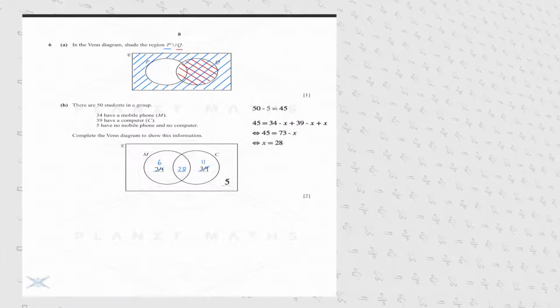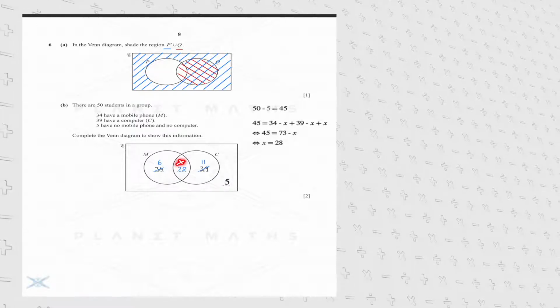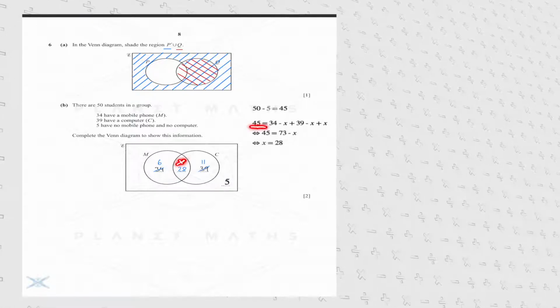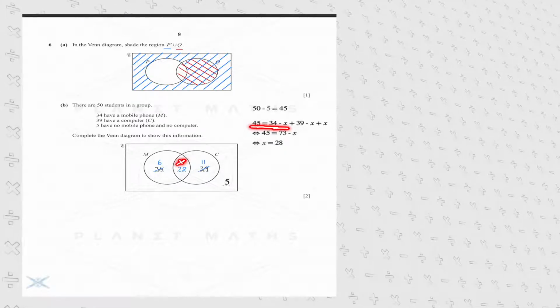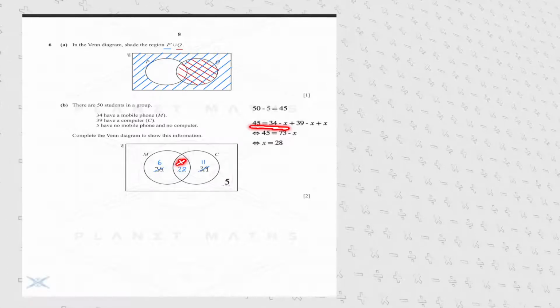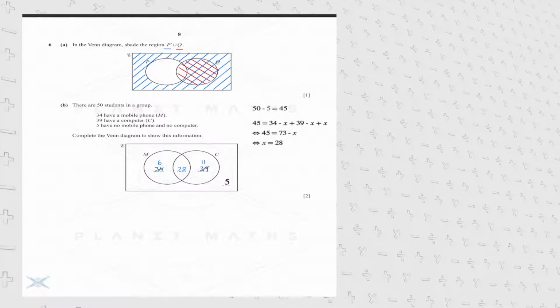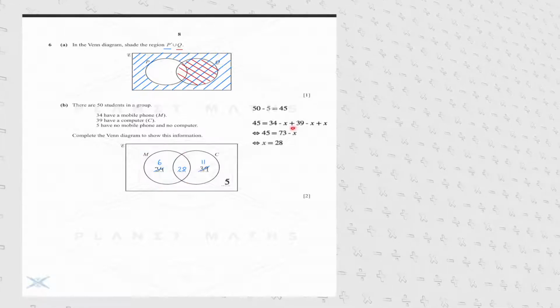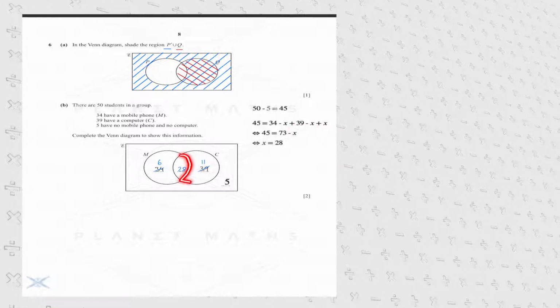To determine how many of those possess both, we will call the missing number x and then set up the following equation. We know that 34 out of those 45 students have a mobile phone, but we need to take away those that only possess a mobile phone without possessing a computer at the same time, which is represented by this shape. Thereafter, we have to take a look at all of those students that have a computer, but also at the same time no mobile phone, which is represented by this shape here.